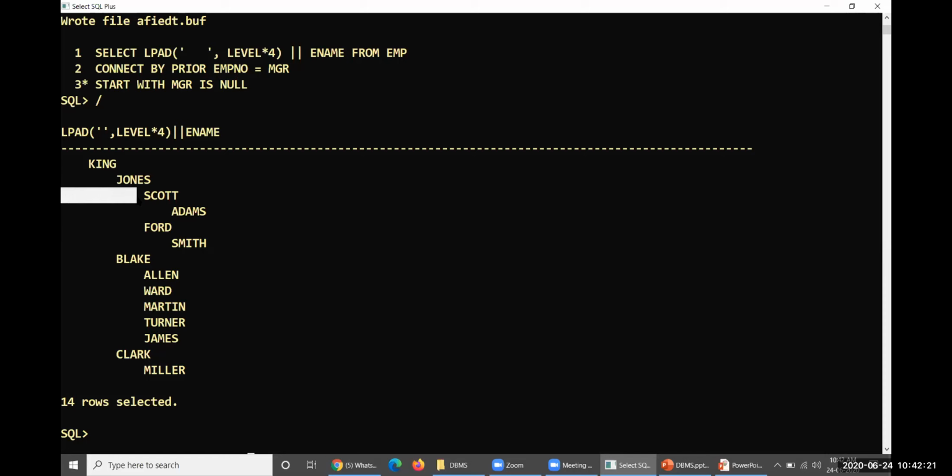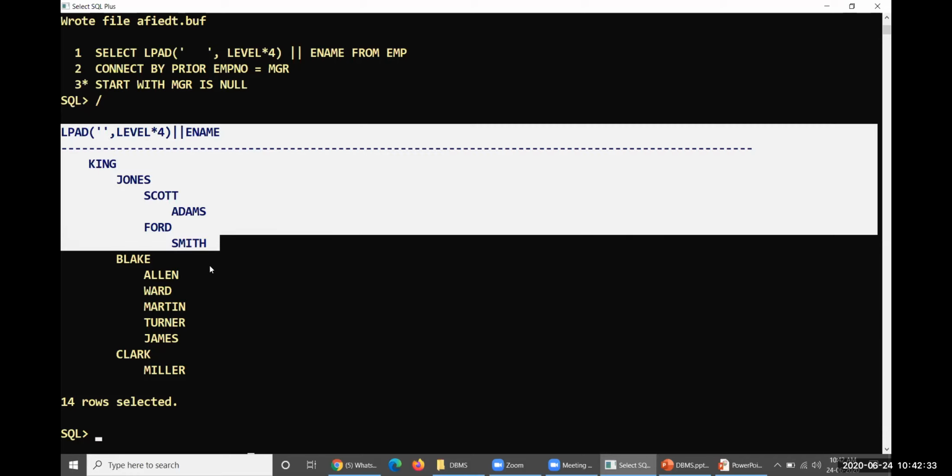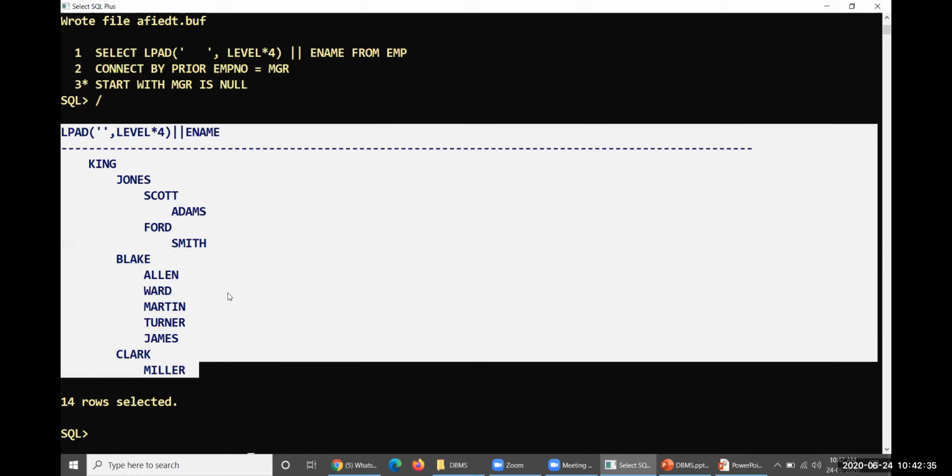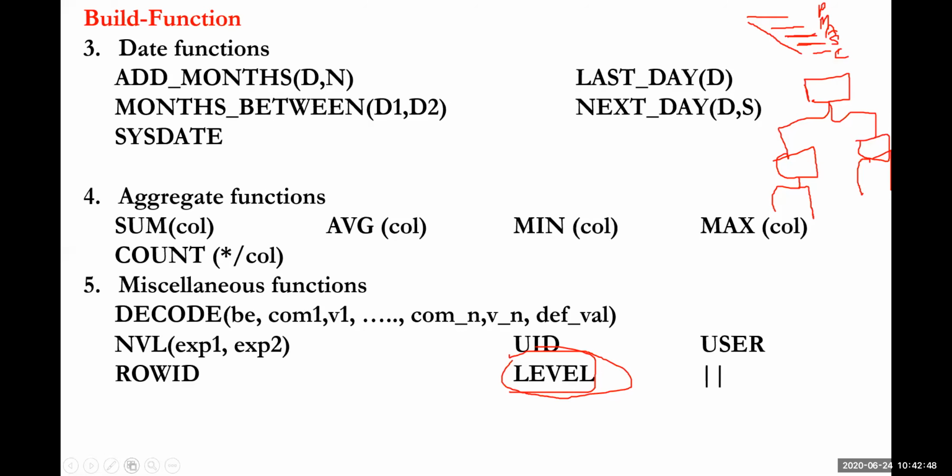The third level is 12, the fourth level 16, something like this. The spaces are produced in such a way. This particular query can be used with connect by prior and start with. That is the specification regarding level here.